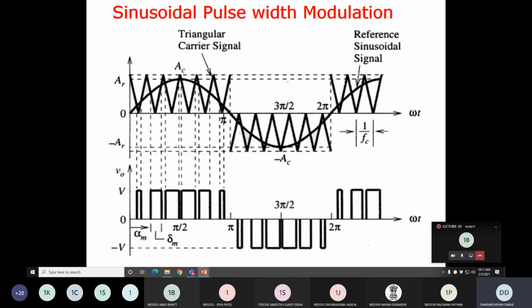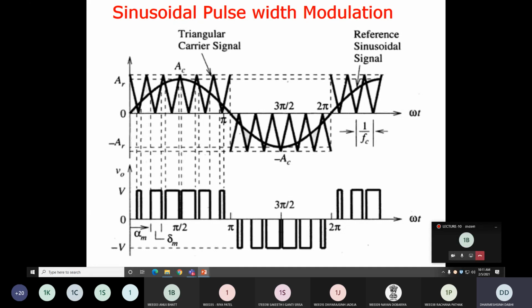So this is just a concept, because in sinusoidal pulse width modulation there are two categories. One is the bipolar technique and another is the unipolar technique. So we will discuss these two techniques in today's lab session, and we will also do the practical in simulation, showing how we can reduce the harmonics by the sinusoidal pulse width modulation technique.